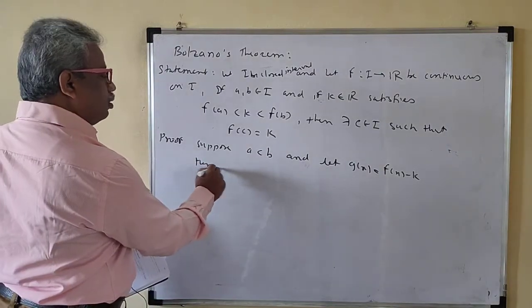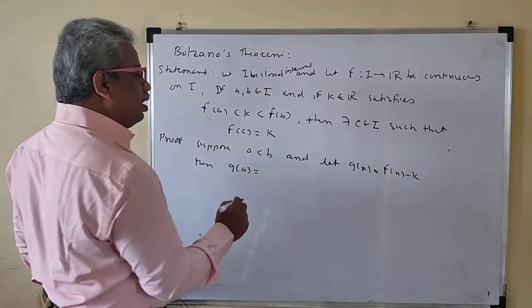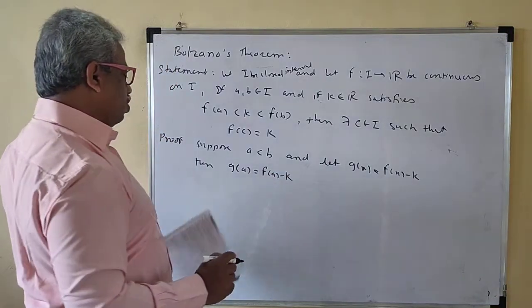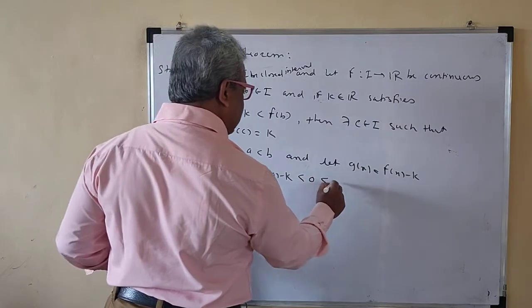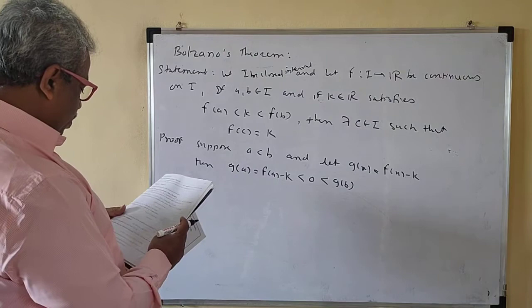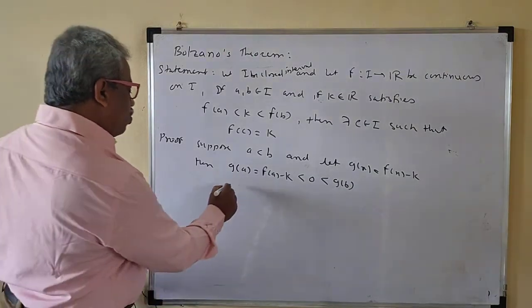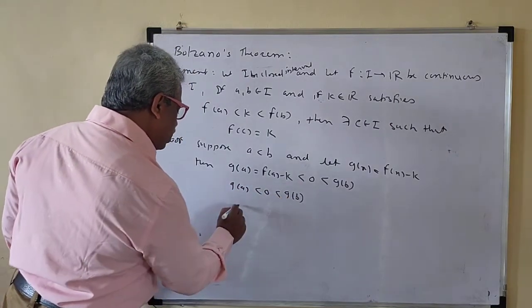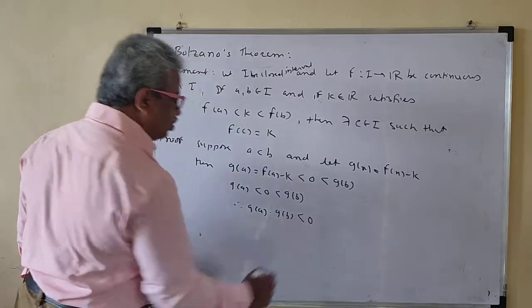Then what is g(a)? g(a) is f(a) minus k. This is less than 0, and this is less than g(b) now. So g(a) is less than 0, less than g(b). Therefore g(a) times g(b) is less than 0.